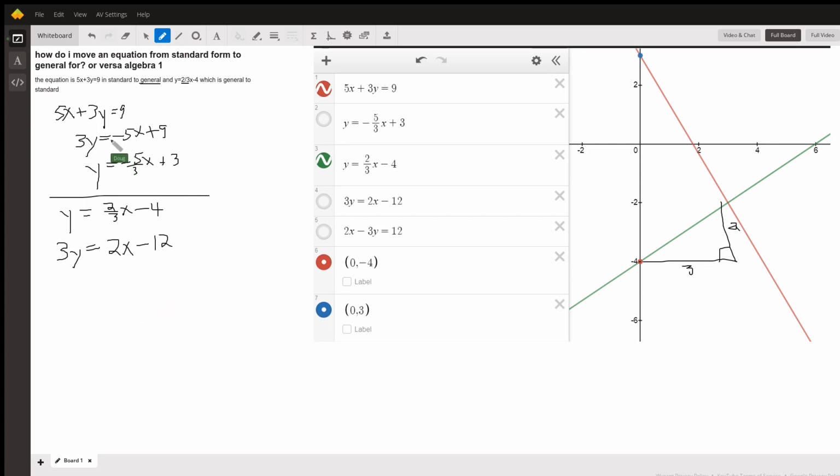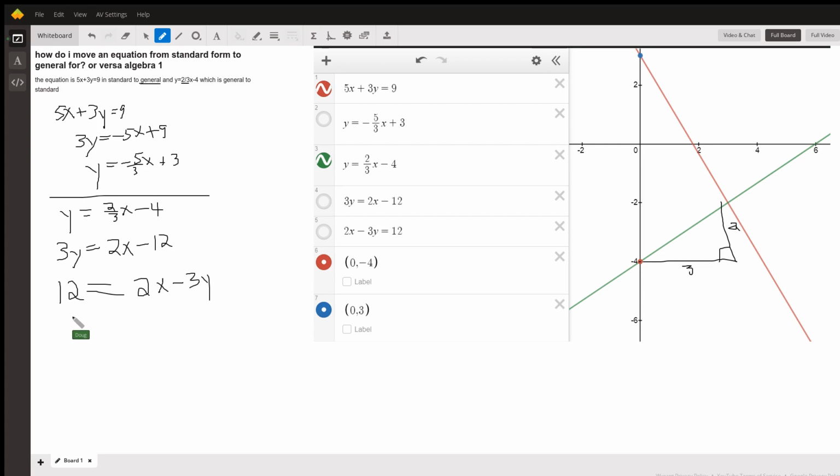Now, usually standard form in most textbooks indicates that the number in front of x is positive. So I'm going to envision moving this 3y to the right side of the equal sign by subtracting 3y from both sides, and getting this -12 to the left side of the equal sign by adding 12, or moving the term and changing its sign.